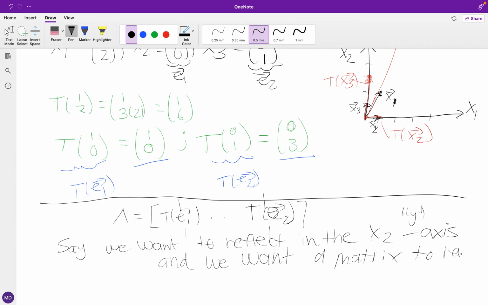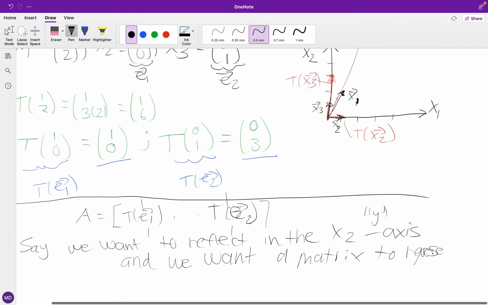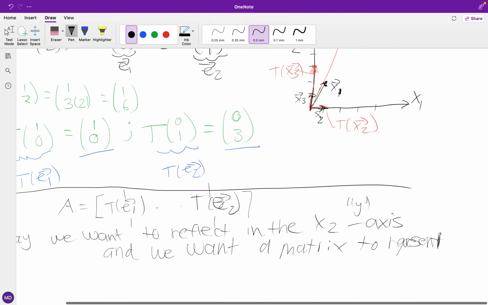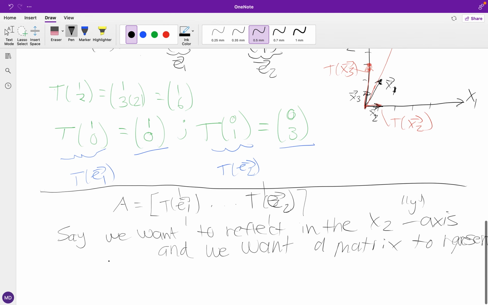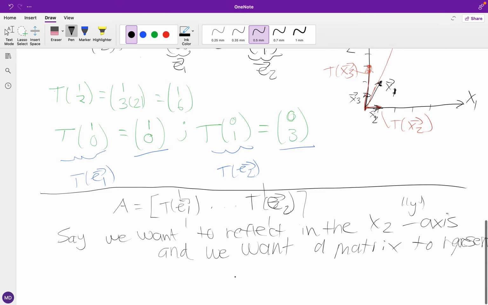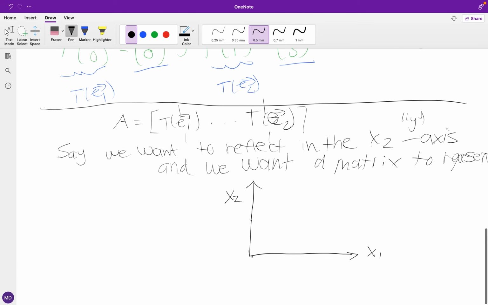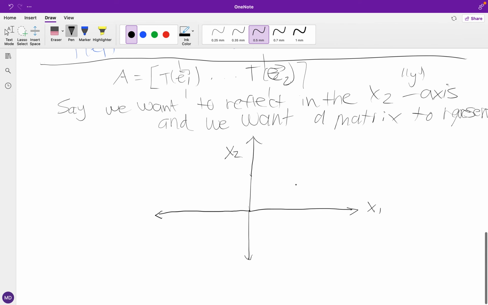To represent this, we can use the properties I've discussed already to actually develop this without needing to memorize the formula for a reflection matrix. So let's sketch what would happen, right? So this is our x2 axis here, and here's our x1 axis. We said we want to find a transformation that reflects in the y-axis, right?